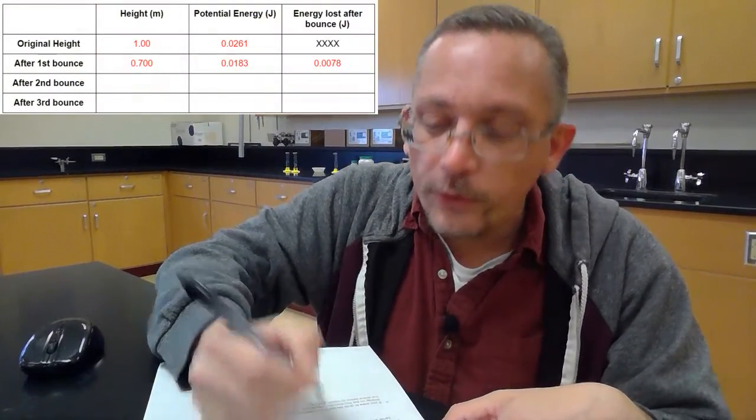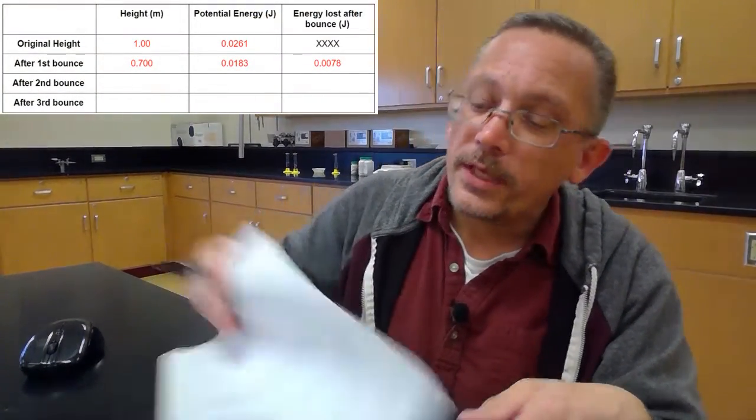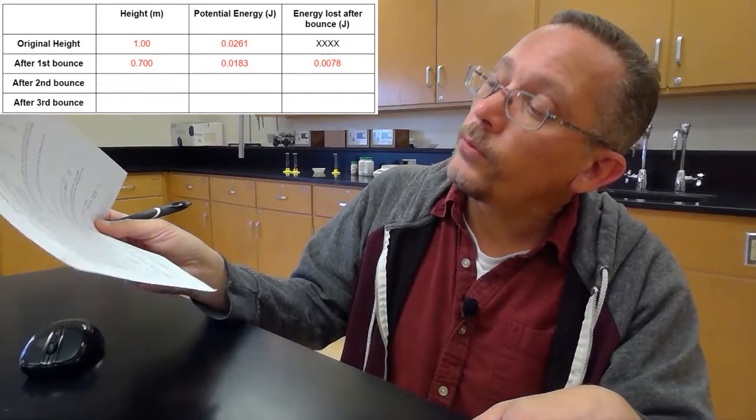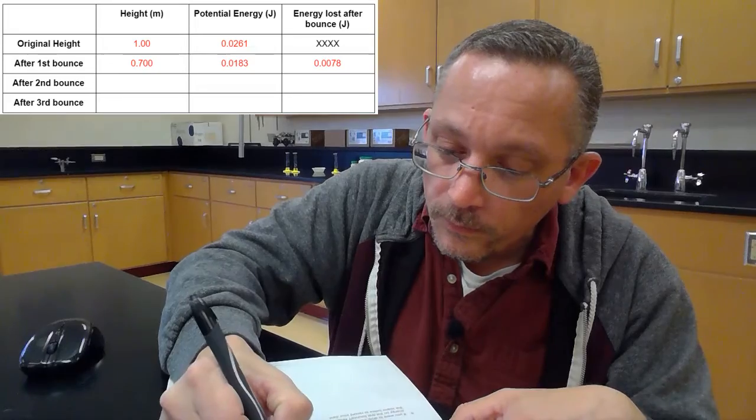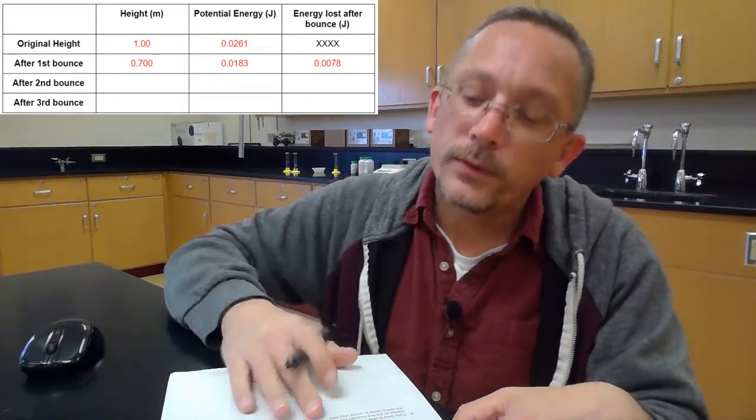Okay, number 7 says organize all the numbers that we've measured into this table here. So for the height, my original height was 1.00 meters, and the potential energy at that point was 0.0261 joules.